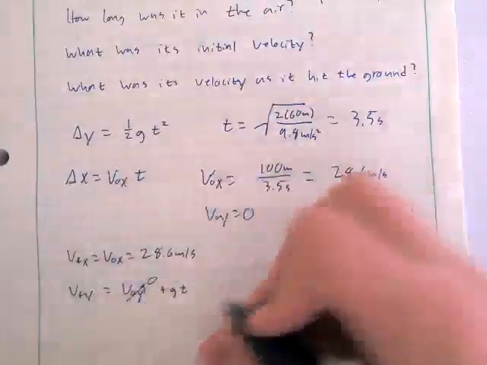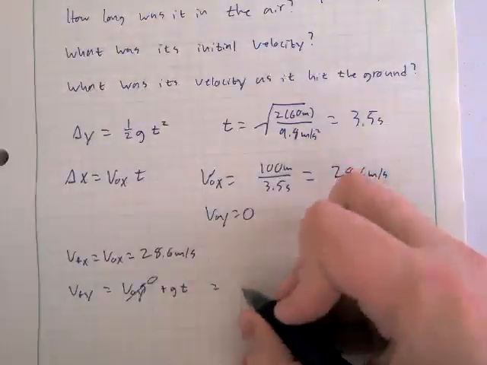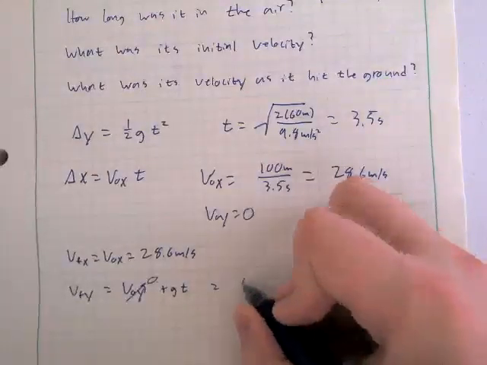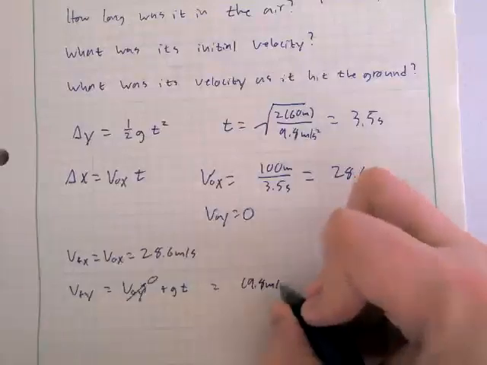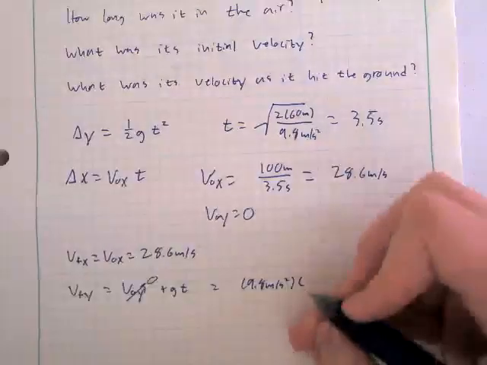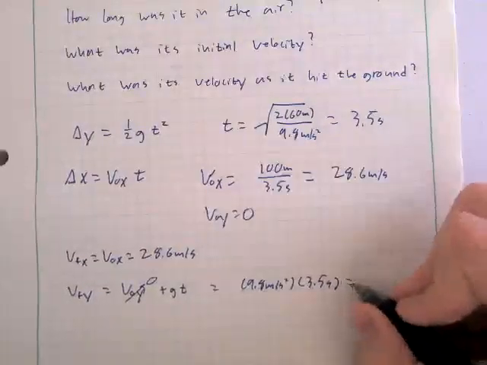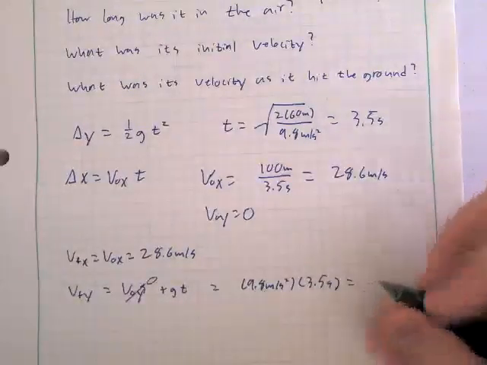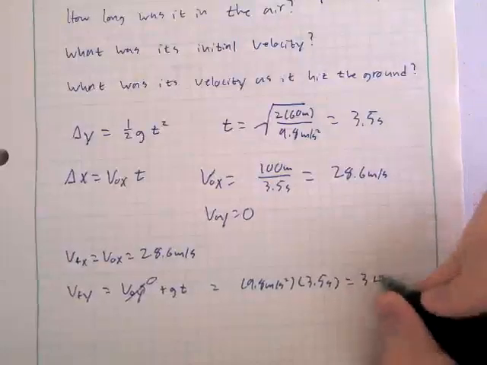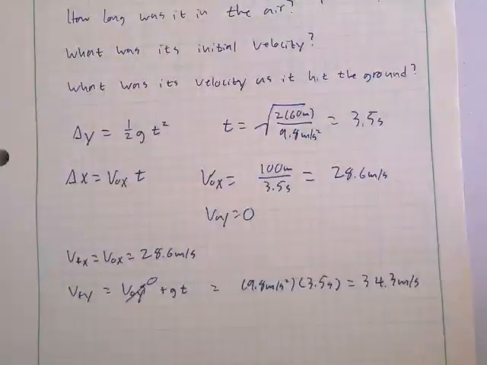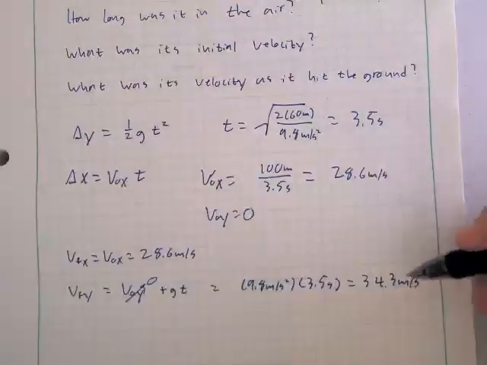It's 0. So we have v final in the y direction is just simply it accelerated at a rate of 9.8 meters per second squared in the y direction, and it accelerated at this rate for 3.5 seconds. And so it hit the ground with a vertical component of its velocity of 34.3 meters per second. So this would be enough information, right?